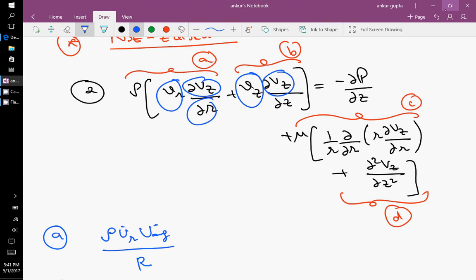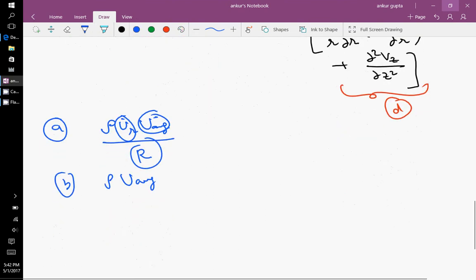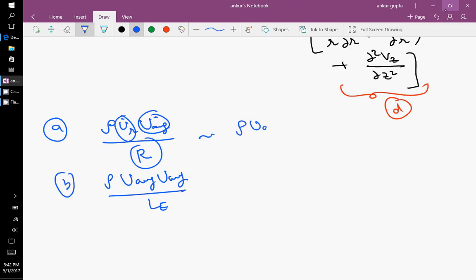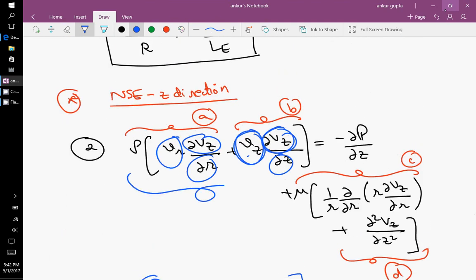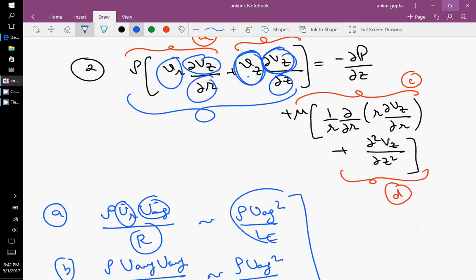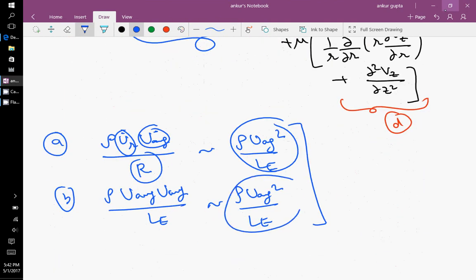Now the second term will be U average into U average by Le. So if you use the equation of continuity, both of these terms become the same: rho U average square by Le. So basically the left hand side scales as rho U square by Le only. Both terms are scaling equally.